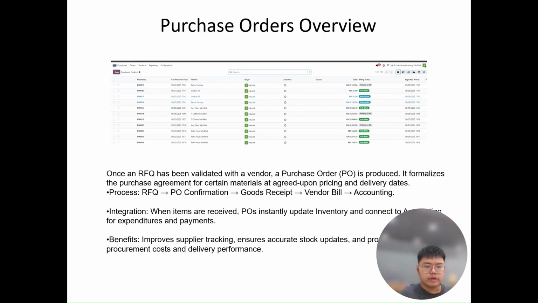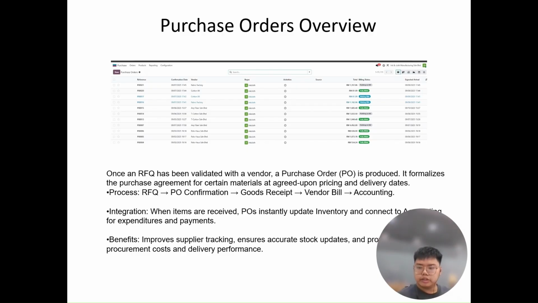Next is the purchase order overview. Once an RFQ has been agreed with a vendor, a purchase order is produced. It formalizes the purchase agreement for certain materials at agreed-upon pricing and delivery dates. The process goes from RFQ to PO confirmation, goods received, and vendor billing, and we'll go into the accounting parts.